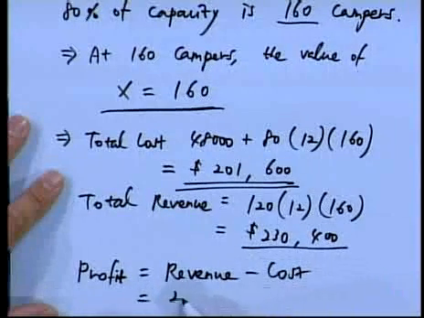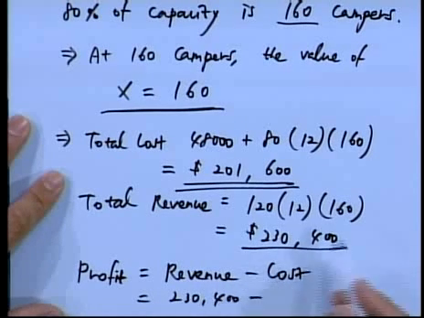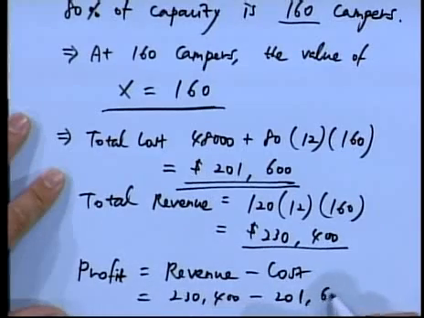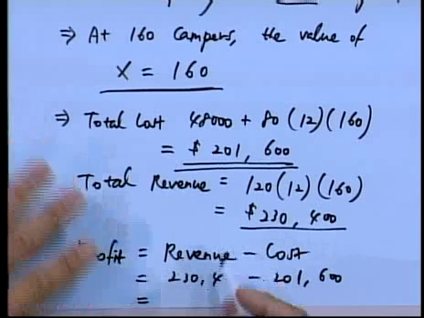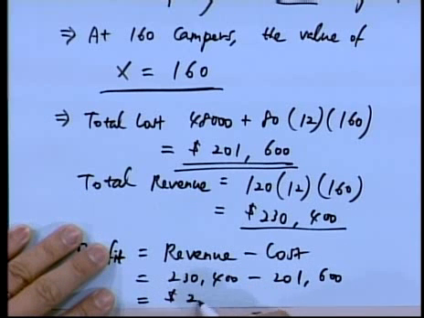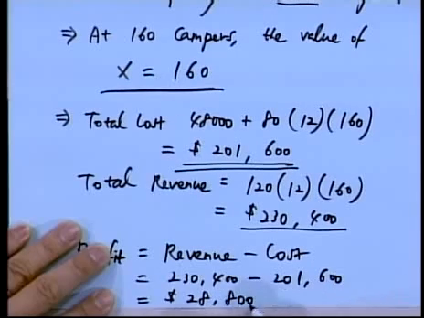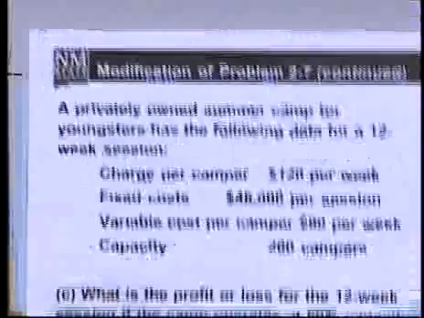Revenue is this, 230,400, and cost is 201,600. So the profit would be 28,800. Okay? So this is the answer for question C.